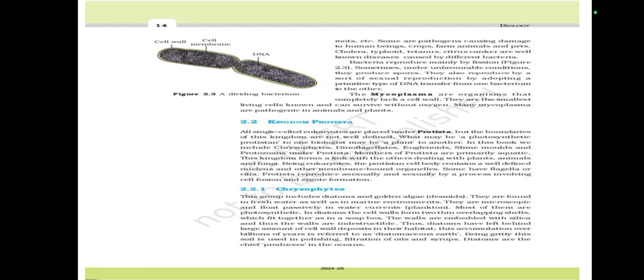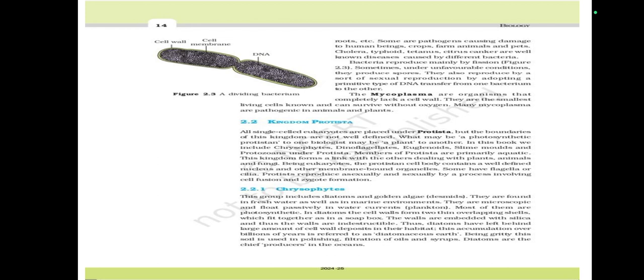Kingdom Protista. All single-celled eukaryotes are placed under Protista, but the boundaries of this kingdom are not well defined. What may be a photosynthetic protistan to one biologist may be a plant to another.